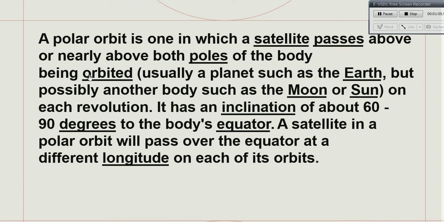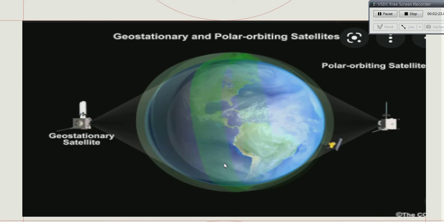It is for both poles of the body being orbited, usually a planet such as Earth, but possibly another body such as the Moon or Sun. On Earth, the inclination is about 60 to 90 degrees. 60 degrees means a little less inclination than the pole. A satellite in a polar orbit will pass over the equator at a different longitude on each of its orbits.